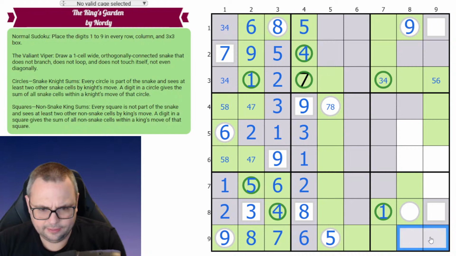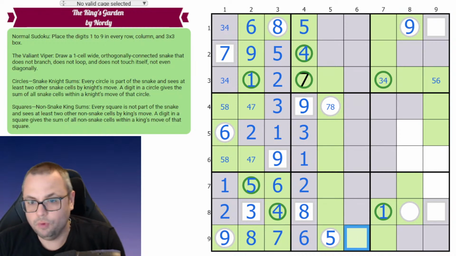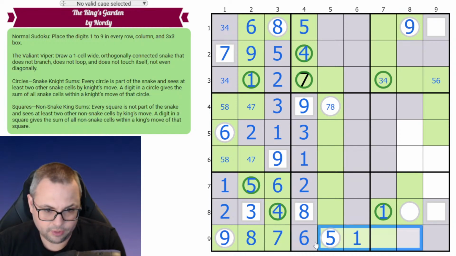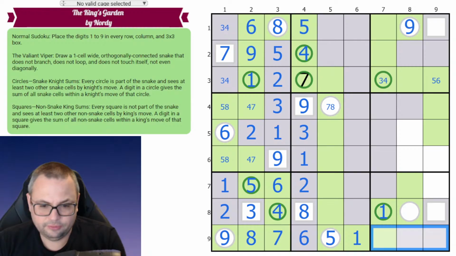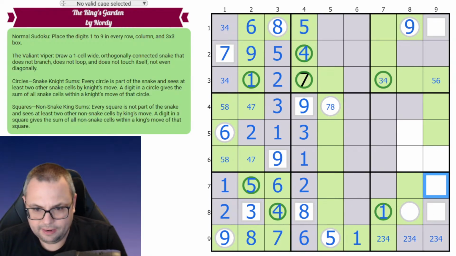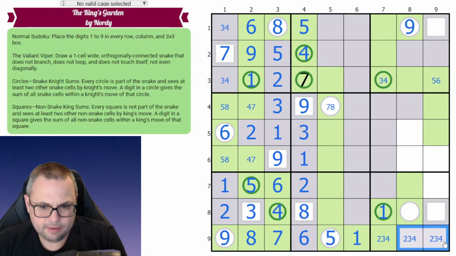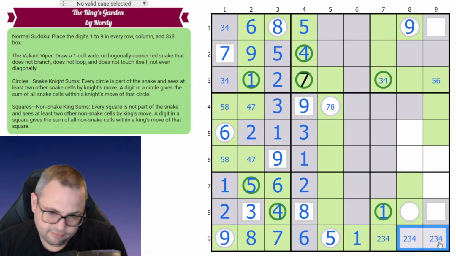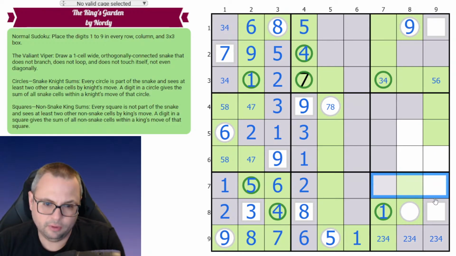Okay. I guess that's a 1 just by Sudoku because I need a 1 in row 9. So these numbers are a 2, a 3, and a 4. If that were also gray, would it break? I'd be at a minimum of 2 plus 3 plus 5. That doesn't work. Yeah, so these numbers are all at least 5.